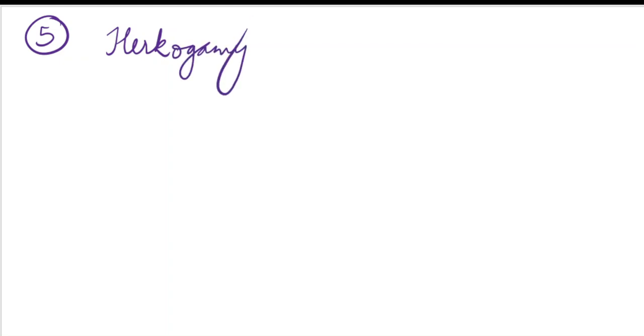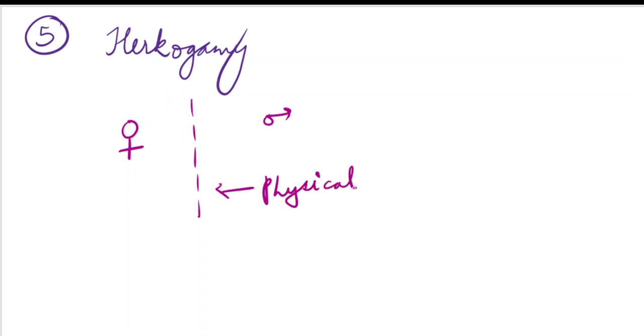In hercogamy there is some barrier between the female and male parts. It is some physical or mechanical barrier, a naturally present barrier, meaning it was already present naturally. Because of this barrier they are not able to come in contact with each other.